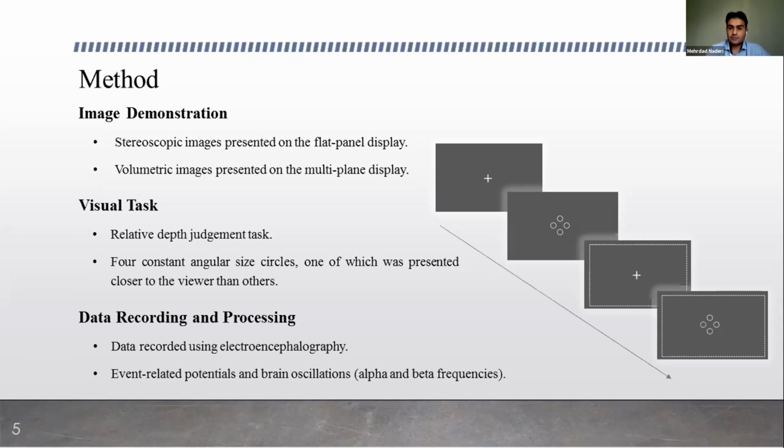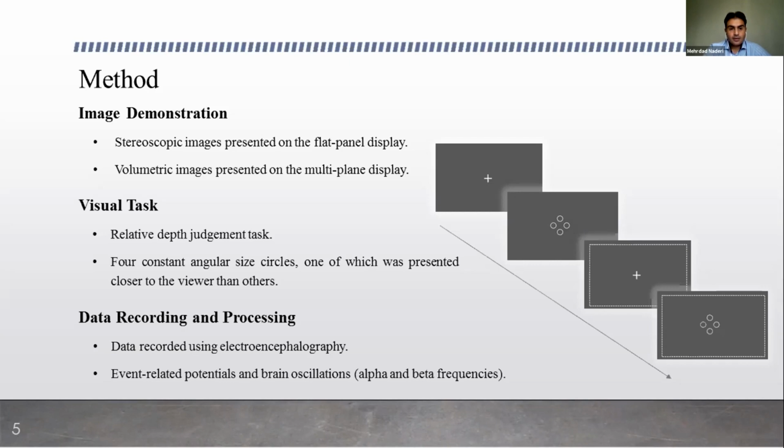The impedance of electrodes was below 10 kilohms and the average of all electrodes was chosen as reference. The obtained data were analyzed offline to evaluate the event-related potentials and continuous waves of the alpha and beta frequencies, employing EEGLAB software version 2019.